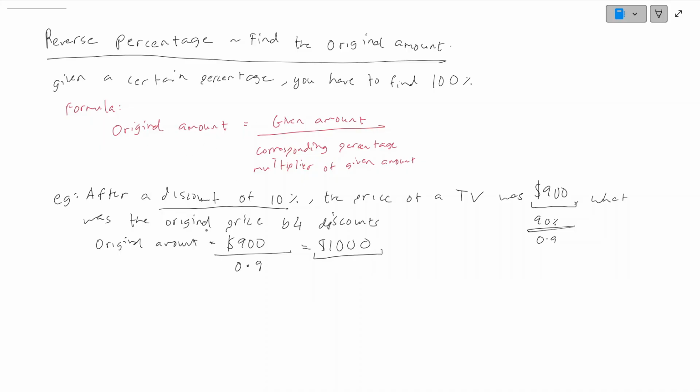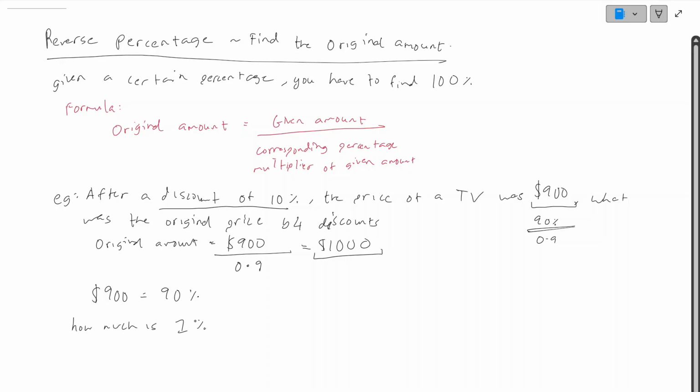If you want to look at it step by step, what you're doing is basically saying that $900 is 90% of the original. How much is 1%? For that, you can divide both by 90. Because if you divide the 90% by 90, you'll get 1%.